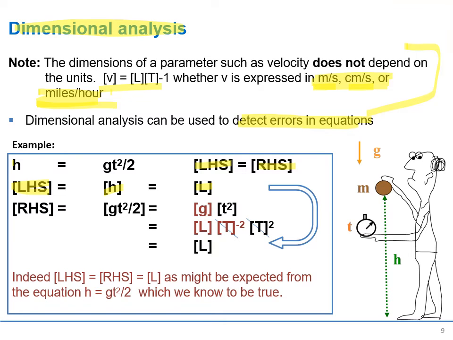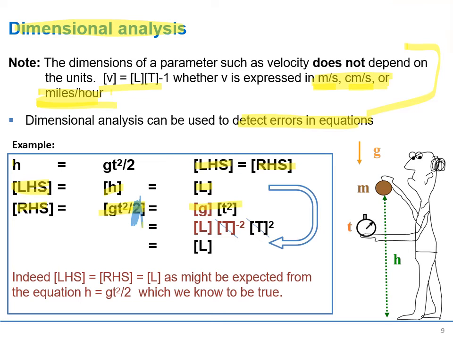So we measure the height in the dimension of L. On the right hand side, you have half of g t squared. Remember, whenever we do dimensional analysis, we don't consider the numbers in the equation. We just check the parameters. So we are left with g t squared.